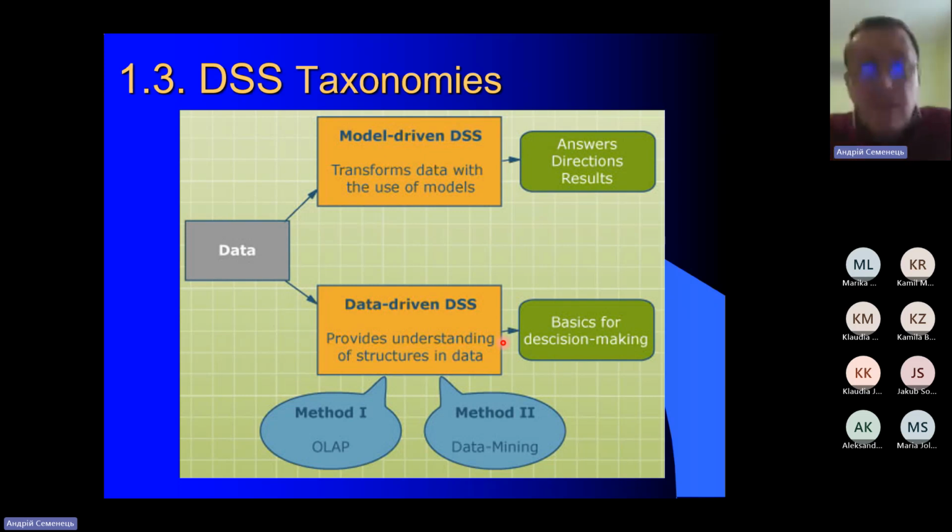And with model-driven DSS, we process this data by applying a given mathematical model. So data-driven usually provides only some basics of decision making, like analytical summaries, for example, descriptive statistics.